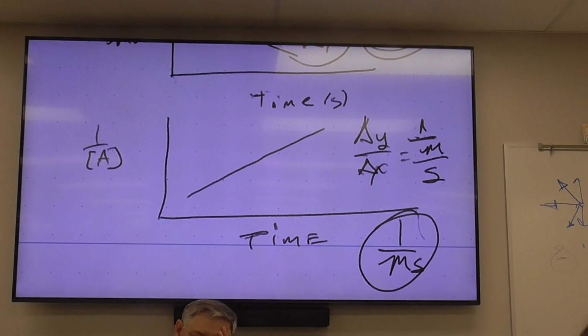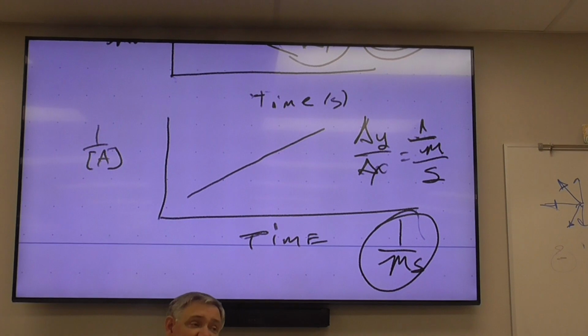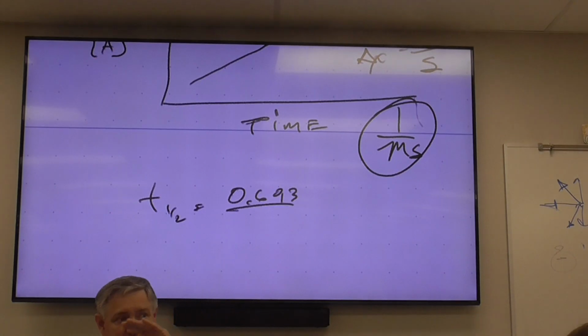So when you look at the first order, and tomorrow I'll show you where these come from. In the name of time, just accept them today. So if you look at that first one, that time for the half-life is 0.693 over k. Now, because of the fact that this is a first order, what are the units for k? 1 over s.